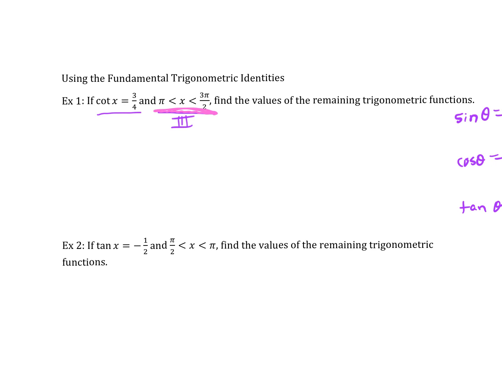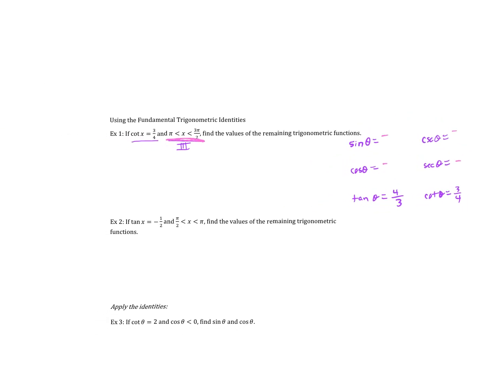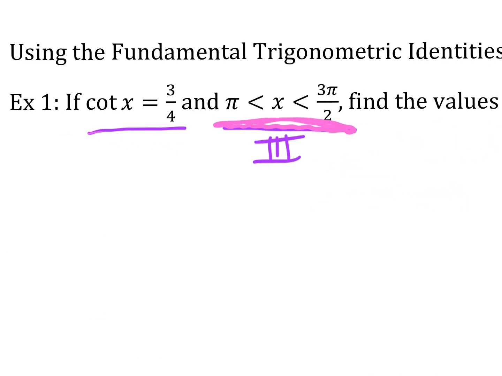Yeah. Okay. All right. So we need to find sine, cosine, and its reciprocals. We want to use Pythagorean identities. And we're given something about cotangent. So let's think about our identities. No, you can't quite do that. You're on the right track, but not quite. Be careful.